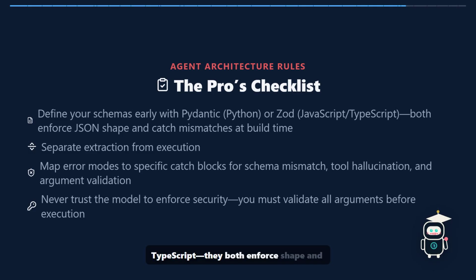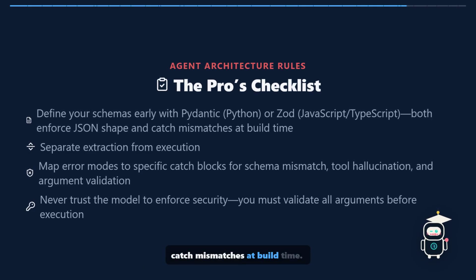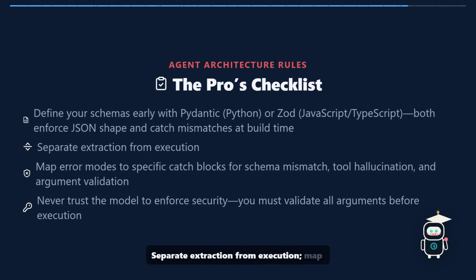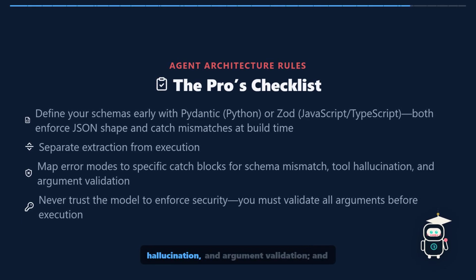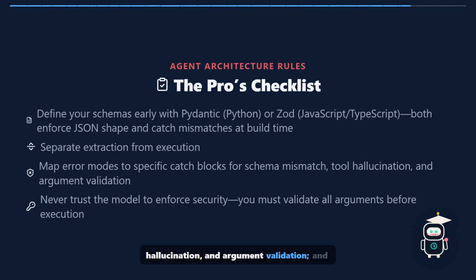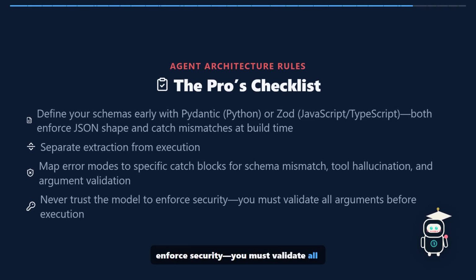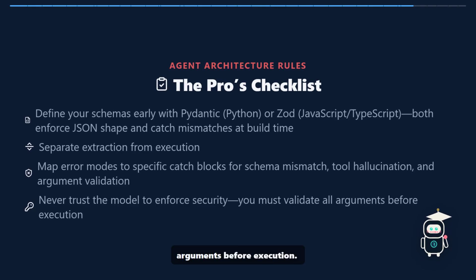They both enforce shape and catch mismatches at build time. Separate extraction from execution. Map error modes to specific catch blocks for schema mismatch, tool hallucination, and argument validation. And never trust the model to enforce security. You must validate all arguments before execution.